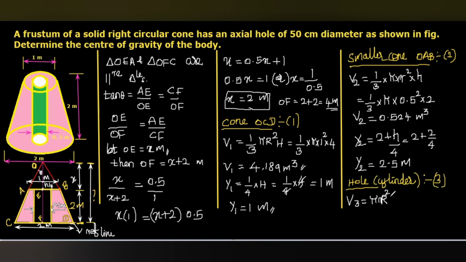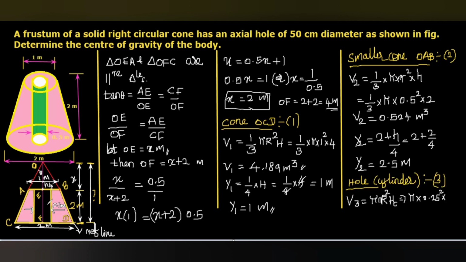This h is the height of the cylinder. So pi, the radius, here you can see, this is also the new radius. The diameter is 0.5, so the radius will be 0.5 by 2, that is 0.25. 0.25 square.